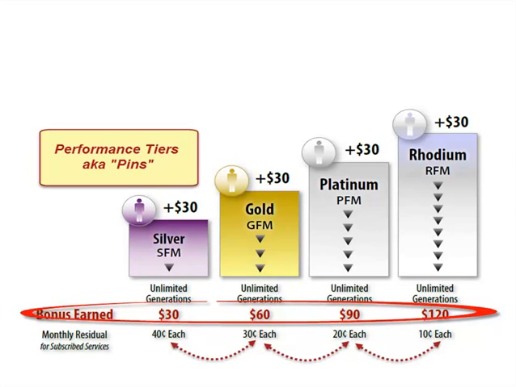So at the silver level, it's 40 cents per family member per customer point. At gold, there's another 30 for a total of 70, and then it's up to 90, and then $1. So every customer point generates $1.